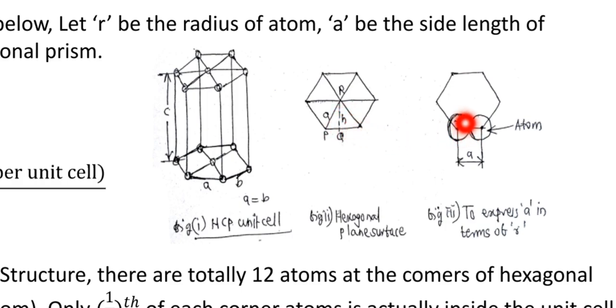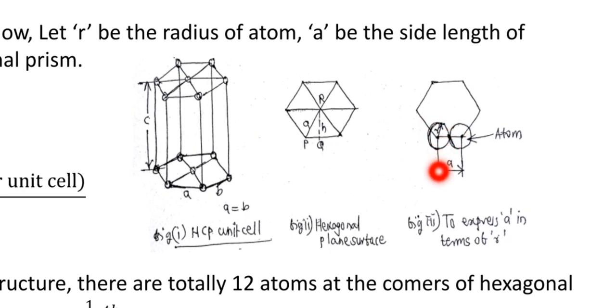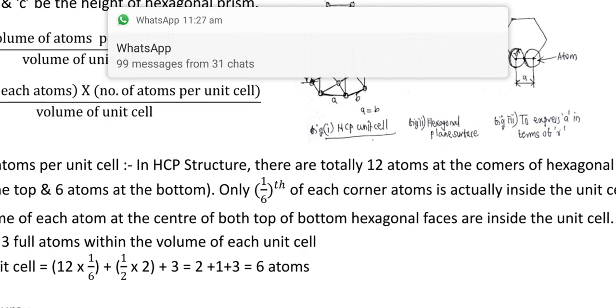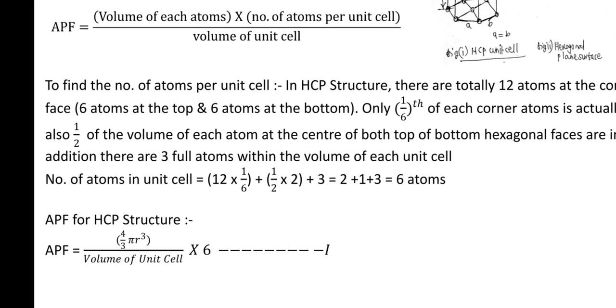Now you see here the two atoms touch each other, and therefore the lattice parameter is A, and A is equal to R plus R, means 2R. Now we have to calculate the number of atoms per unit cell. There are total 12 corner atoms, 6 on the top, 6 at the bottom, and 1/6 portion of each corner atom lies inside the unit cell.